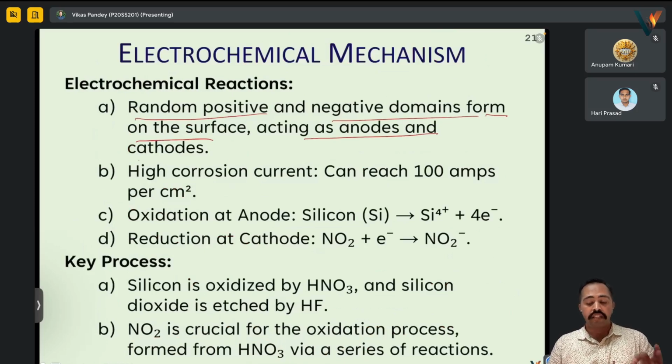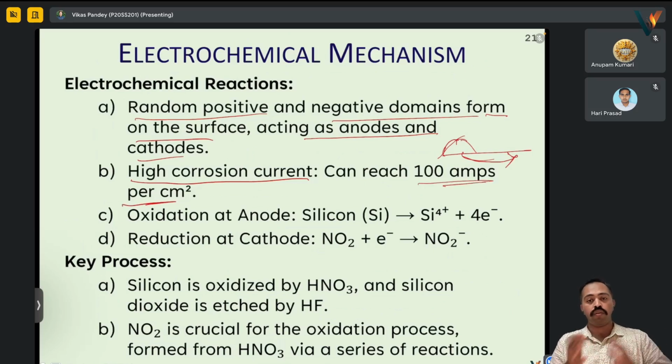And this is very similar to the corrosion current you might have learned in intermediate chemistry, how corrosion occurs, how electron flow occurs inside the iron and Fe2O3 forms. Very similar to that, a high corrosion current, as high as 100 amperes per centimeter square. So a lot of electrochemical reactions will occur.